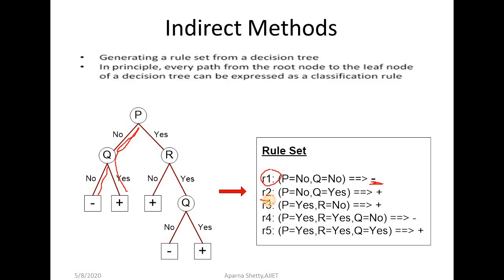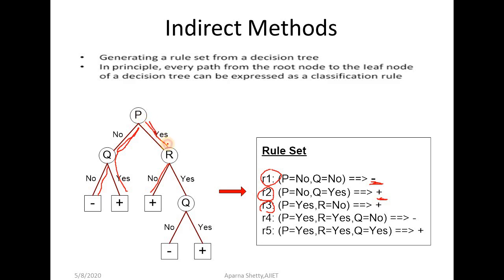That is rule R2. Next path is P is equal to yes, R is equal to no, which you classify as plus. That is rule R3.